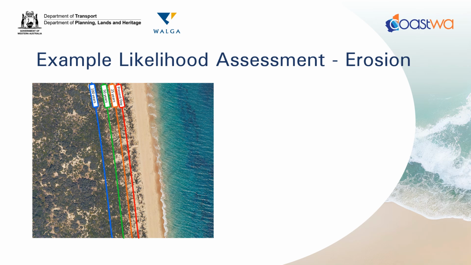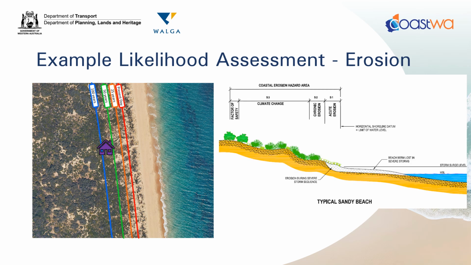So just as a really simplified view, we've got a shoreline and we've got some coastal erosion hazard lines shown there from present day through to 100 years. If we look at a house that's located somewhere around the 50-year coastal erosion hazard line, then what we need to do is assess the potential contributions of the S1, the S2, the S3 allowances, and the factor of safety.